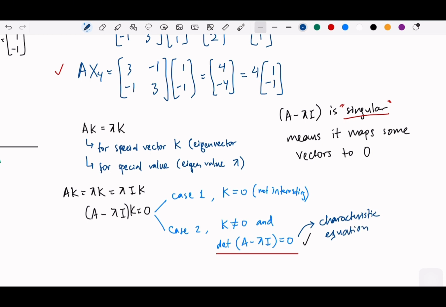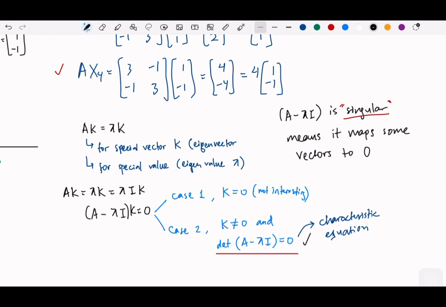Or if you could imagine, at least for maybe 2 by 2, for example, if we have something on this A minus lambda, some numbers, and lambda becomes our variable, you could imagine that if it is a 2 by 2 determinant, it will multiply by itself minus the other part, right?